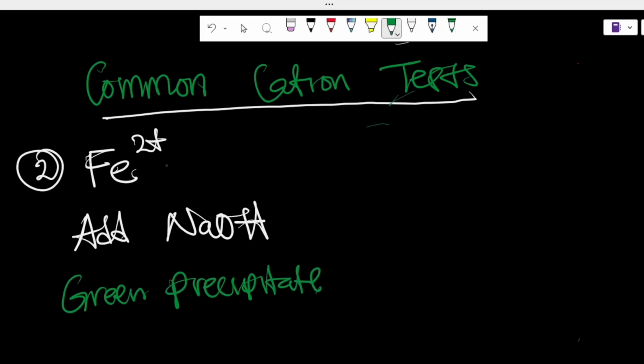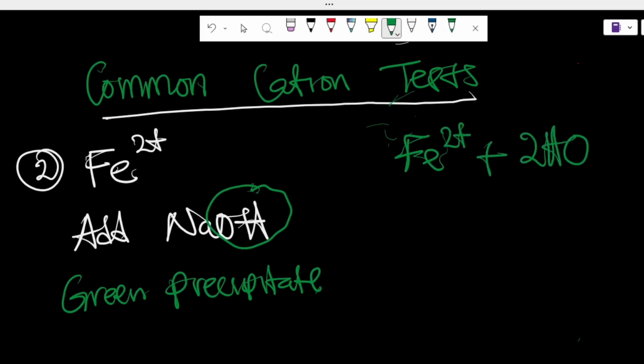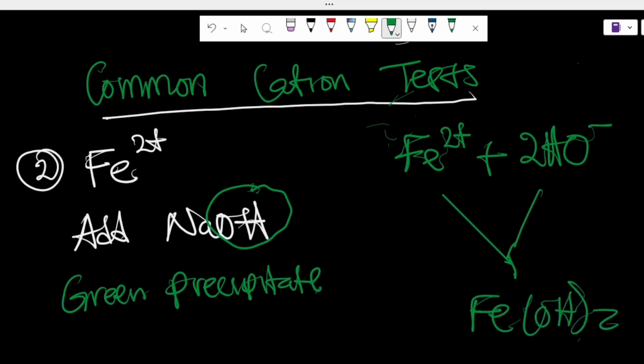Well, again, it's because the iron 2 ions are going to react with the hydroxide ions, and these are going to give you iron hydroxide. And this iron hydroxide is actually a green precipitate.